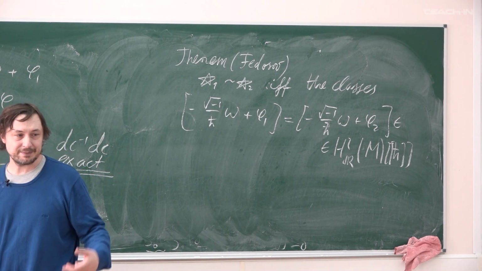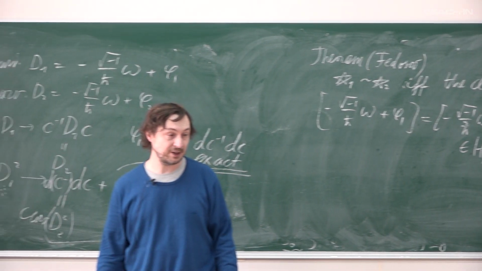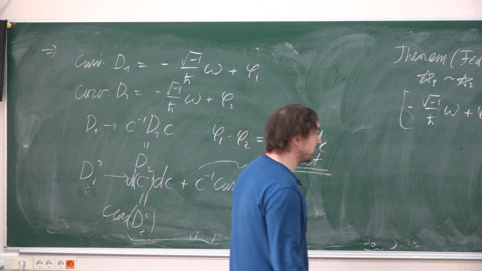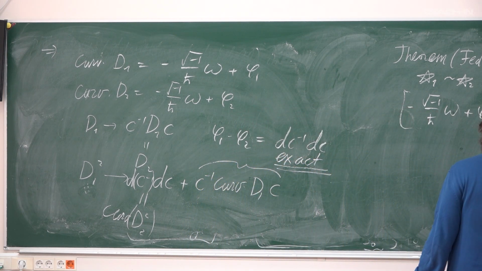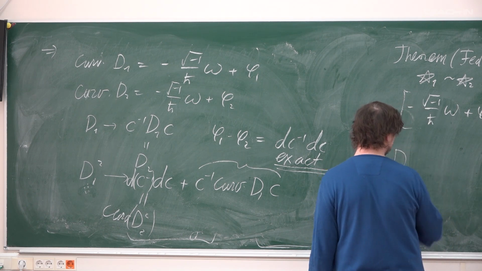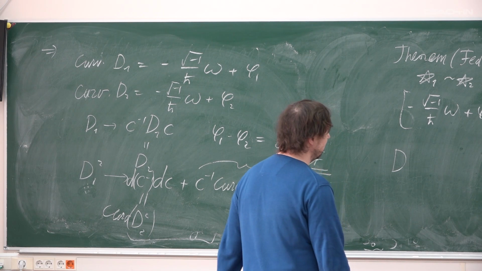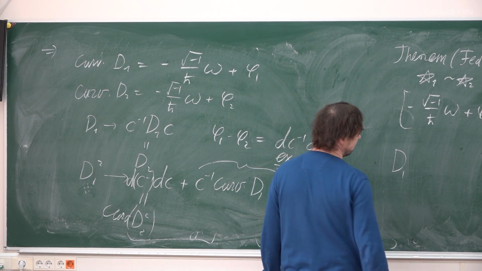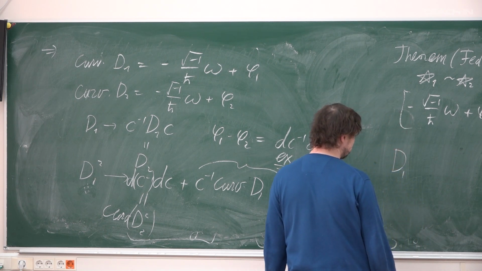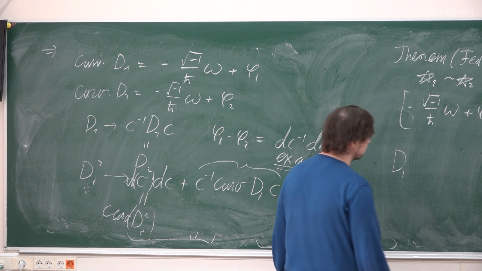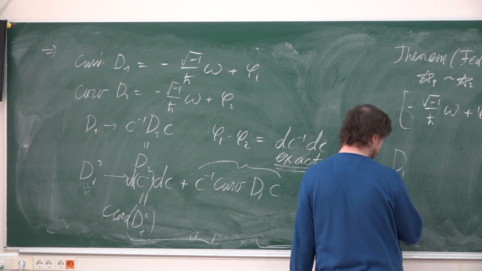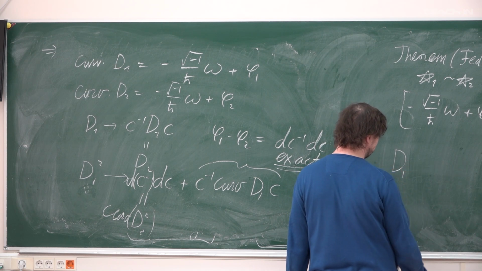This family is obtained by solving a certain series of differential equations. They look approximately like this. You have d1, and you want to obtain the transformation which will relate d1 and d2.